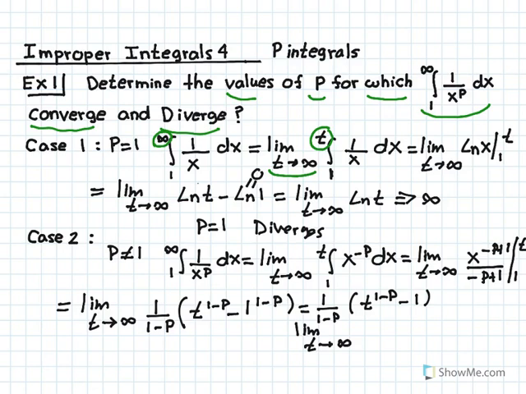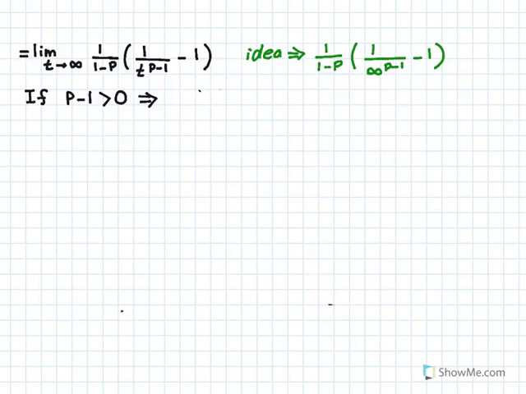So now we want to find out what values of p make this integral converge and diverge. So we have the limit as t goes to infinity of 1 over 1 minus p times 1 over t to the p minus 1, minus 1. And let's consider the case where the exponent p minus 1 is positive. That means p is larger than 1.